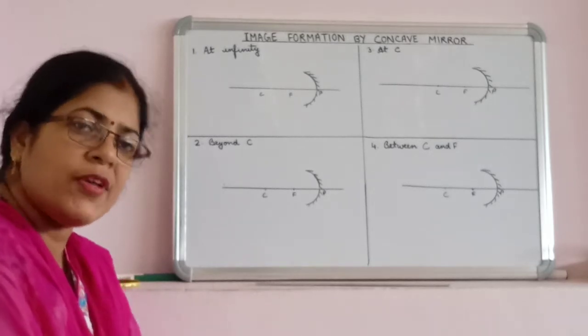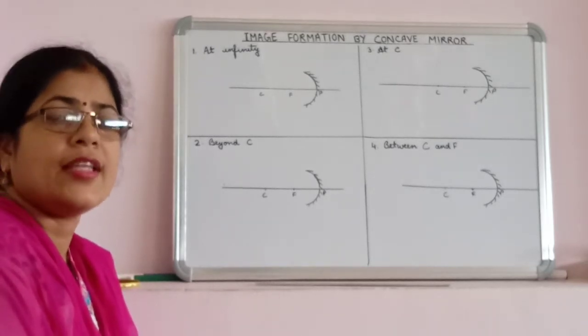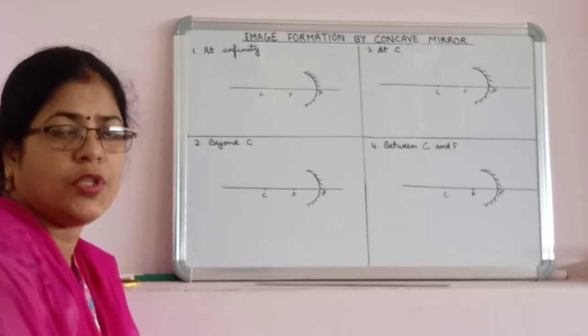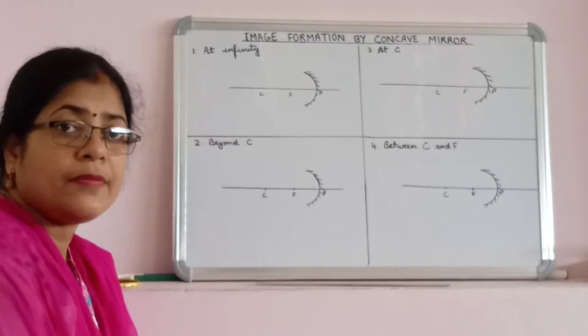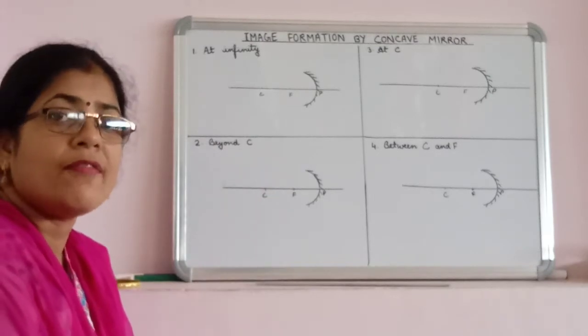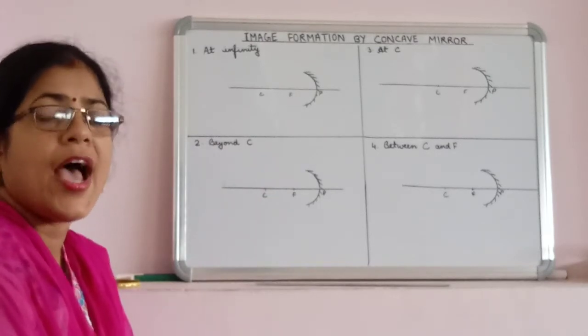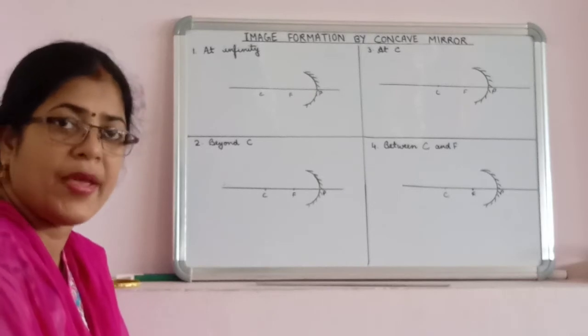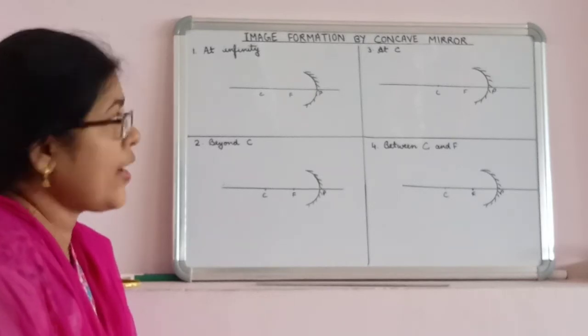The image is always found behind the mirror and the image distance is always equal to the object distance. But in the case of a concave mirror, we have different cases and we can have different types of images also. So let us find out.